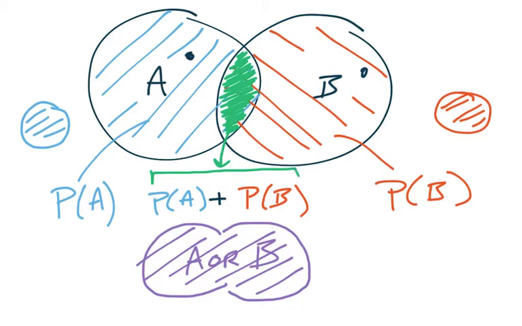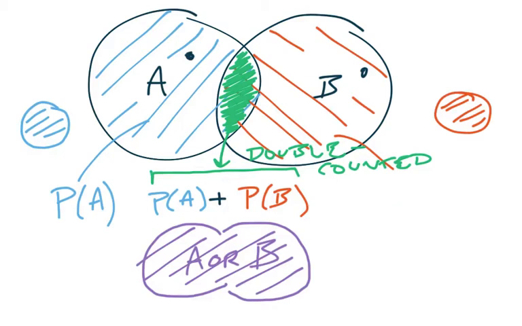So this green area is double counted. To fix this sum, which gives us the wrong answer, and make it give us the right answer, we should subtract the amount that was double covered. And this green area in the middle here is exactly the stuff that's in both A and B.